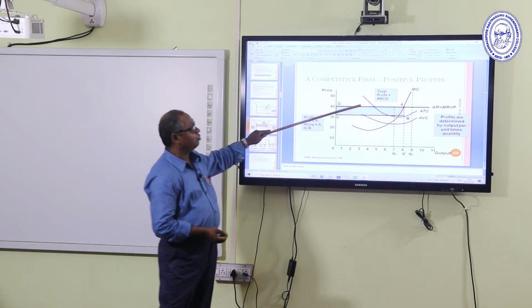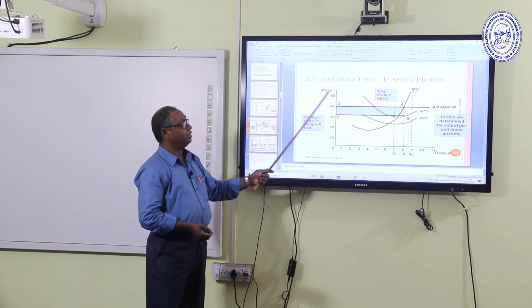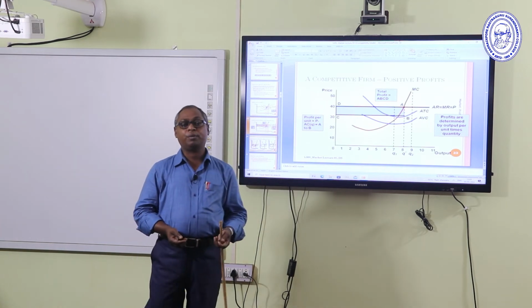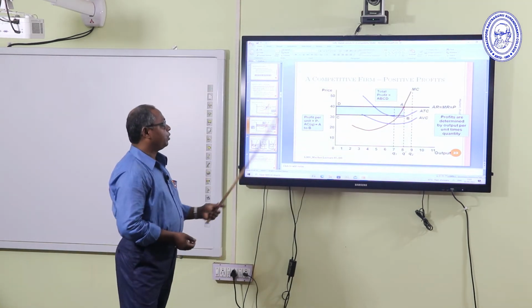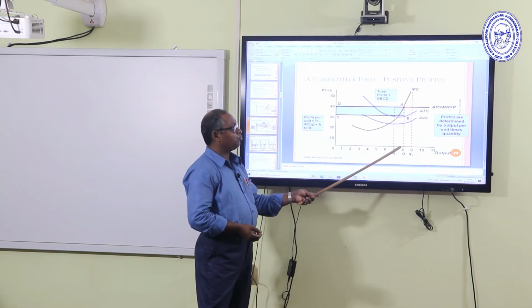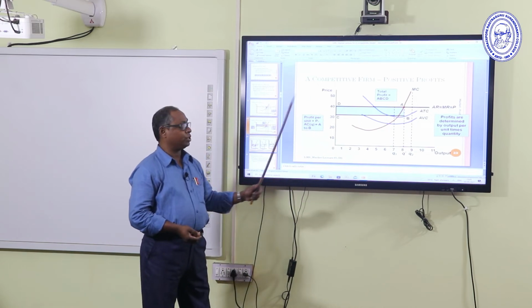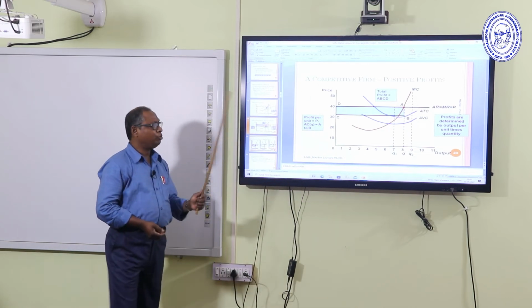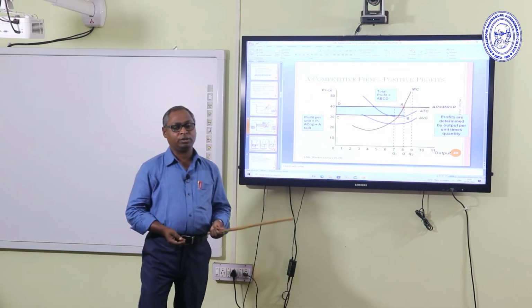So the gap between the two, A, B, C, D, is the amount of profit earned by the firm by producing Q star amount of output at price 40. So there is profit.